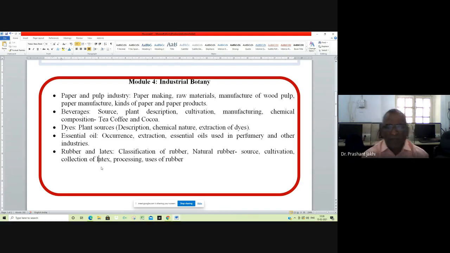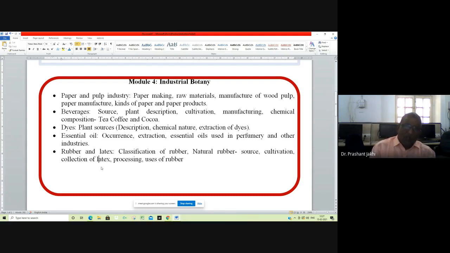Then rubber and latex. As far as paper is concerned, there is also another important commodity obtained from plants, and that is nothing but rubber. On a large scale, rubber is obtained from members of Euphorbiaceae and other families.